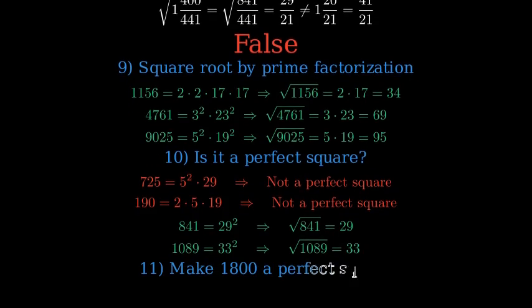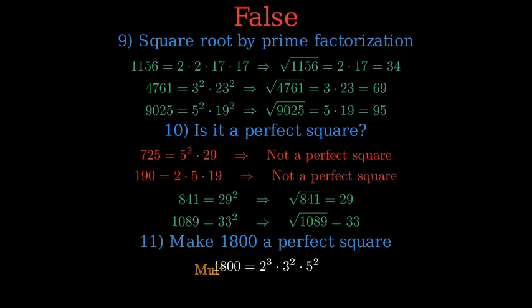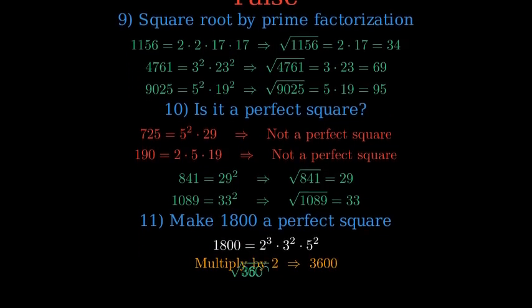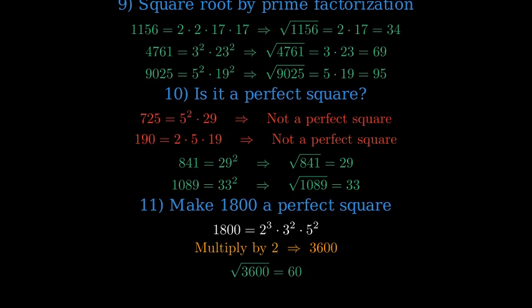Problem 11. Find the least number to multiply 1800 so that it becomes a perfect square, and then give the square root of the new number. Prime factorize. 1800 equals 2 cubed times 3 squared times 5 squared. Only one factor of 2 is unpaired, so multiply by 2.